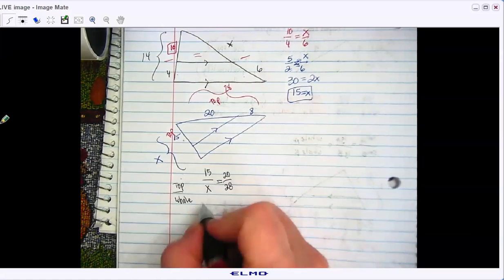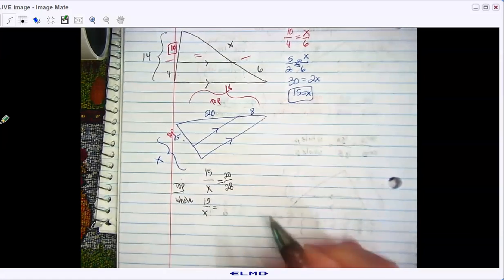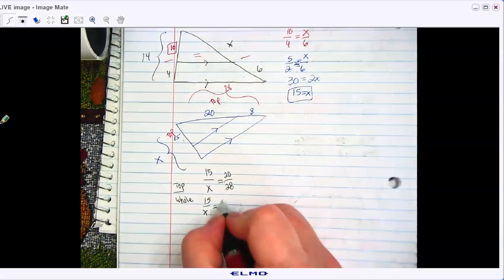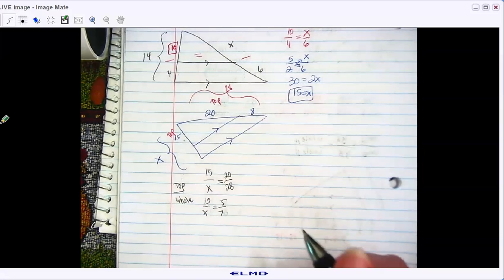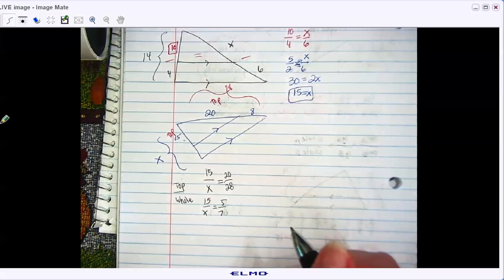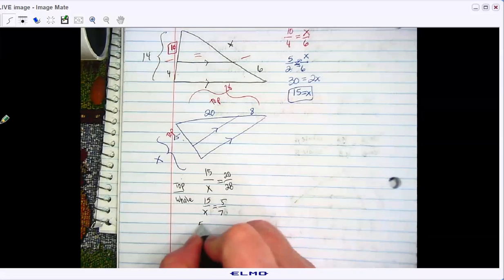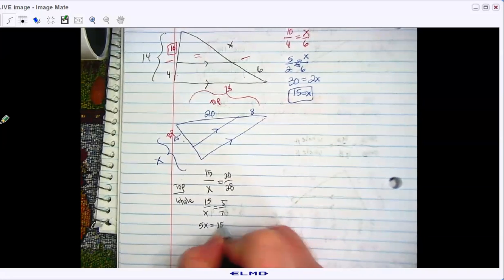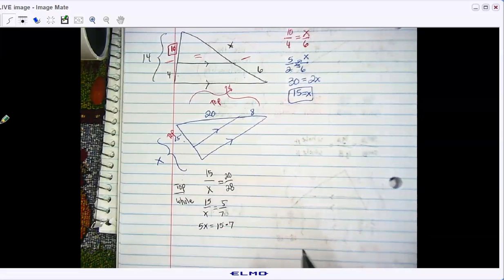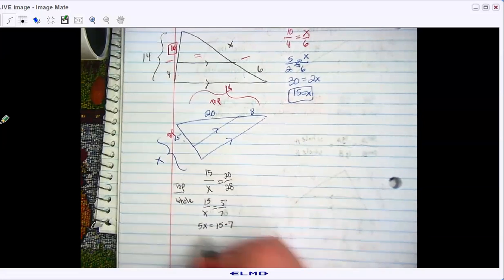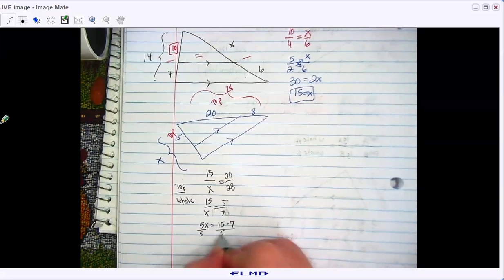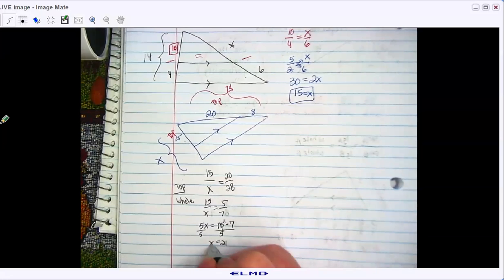So reducing, I get 15 over x is equal to, reducing by 4, I get 5 over 7. Cross multiply, I get 5x is equal to 15 times 7. And dividing both sides by 5, that goes in 3 times, so x equals 21.